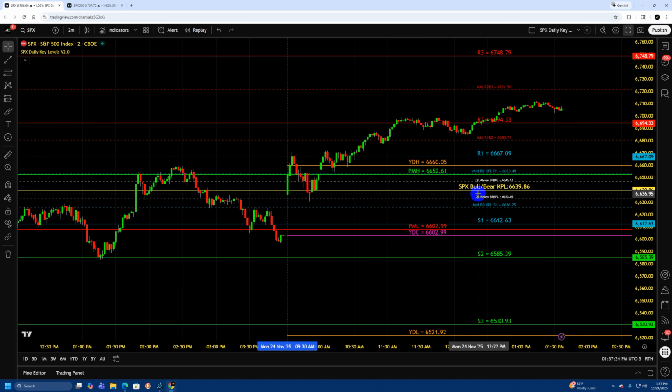So the indicator, after analyzing recent price action in the SPX, as well as current market dynamics, volatility, and also overnight and pre-market price action in the ES E-mini futures, analyzes all of that with its different algorithms and comes up with the bull bear key price level, or the bull bear pivot for the current session, and then also the R1 through R6 and S1 through S6 levels for this particular session.